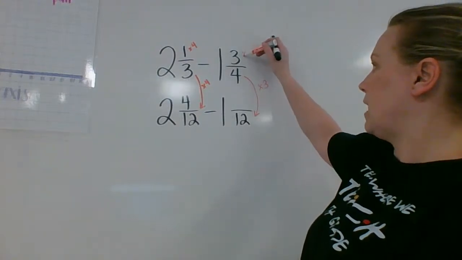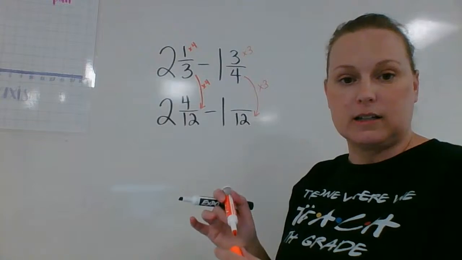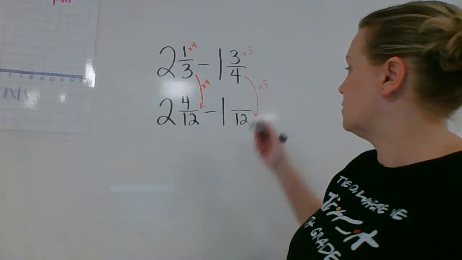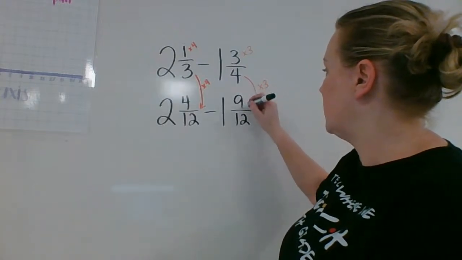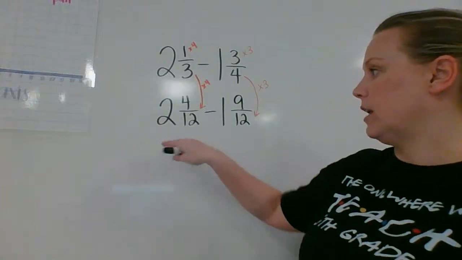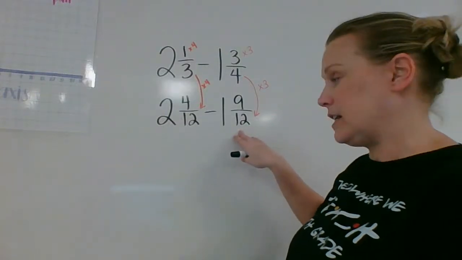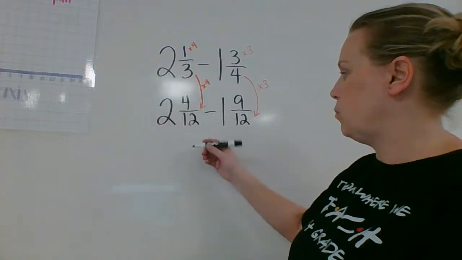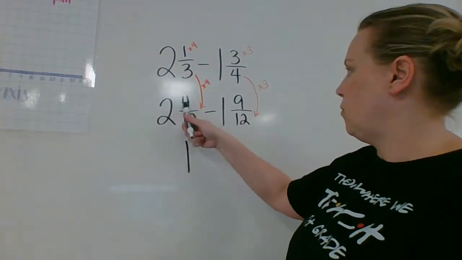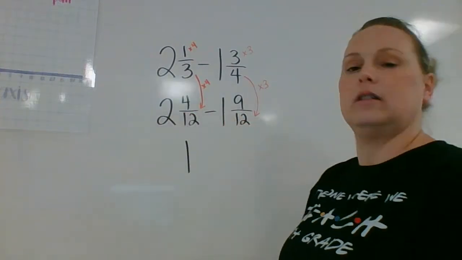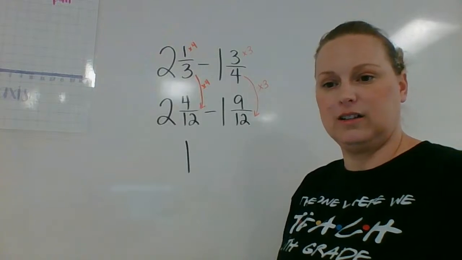Therefore, I have to make 3 times as many pieces on top, and 3 times 3 makes 9 pieces. So when I go to do 2 minus 1, and I have common denominators, I'm free to subtract. 2 minus 1 is 1. 4 minus 9. What do we do here?